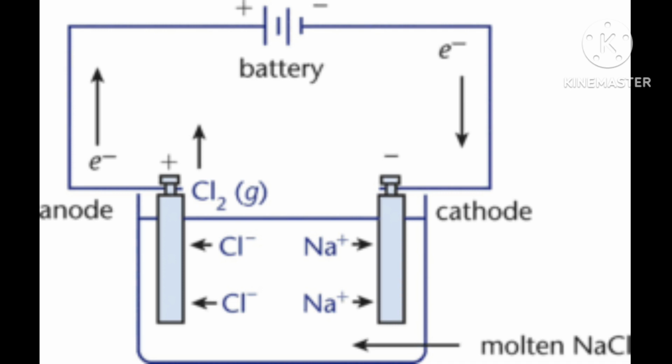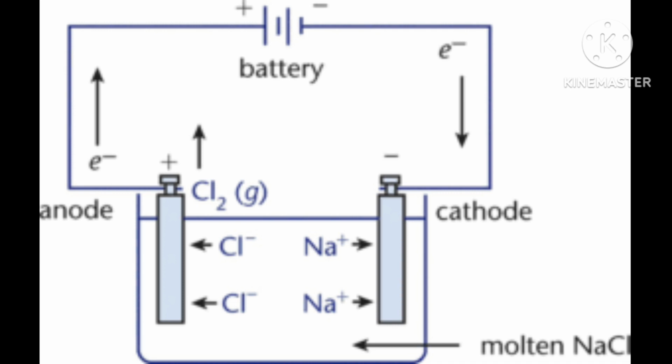One reaction is H+ plus 1 electron giving half H2, and the other is H2O, the liquid, breaking into H+ and OH-. Then you add both.